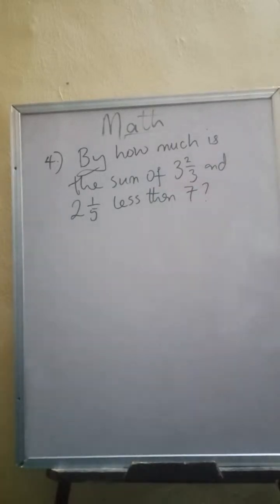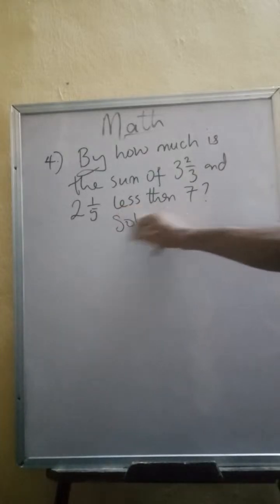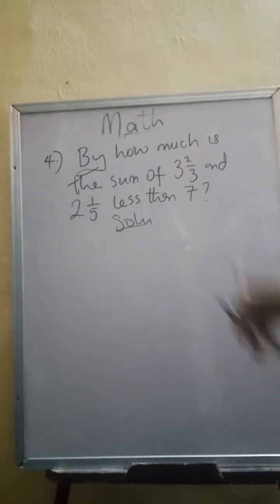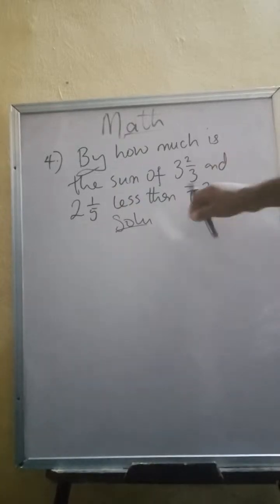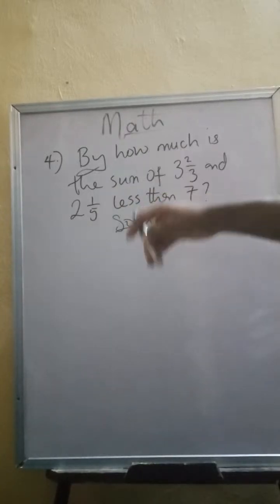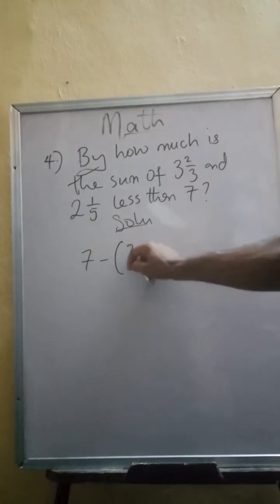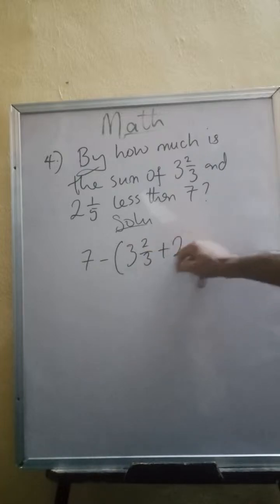By how much? What you do in this case is sum the fractions and then subtract the sum. Okay, add the fractions and subtract the sum from 7. And to just write it directly is what you have: 7 minus the sum of 3 whole number 2 over 3 plus 2 whole number 1 over 5.